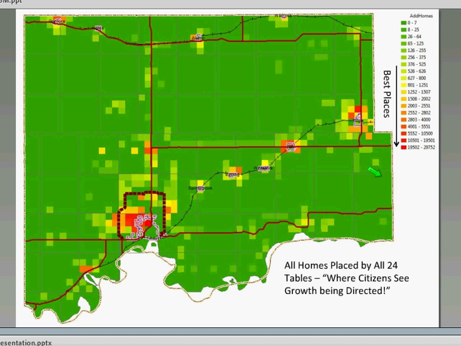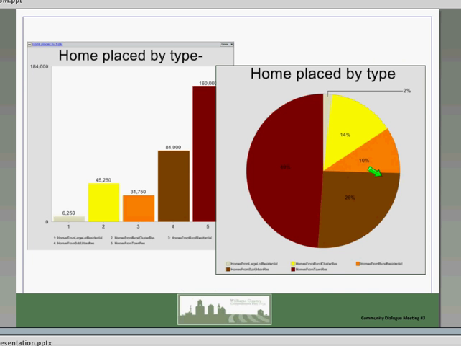These red areas here, this is where people put the majority of their housing chips. Okay? What's amazing about that is that for those of you that know Williams County, this is a darn good plan. This is exactly where we want growth to go. And it's an easy sell to say this is your plan, citizen participants. This was your idea, and they begin to develop ownership in it, quite dramatically.